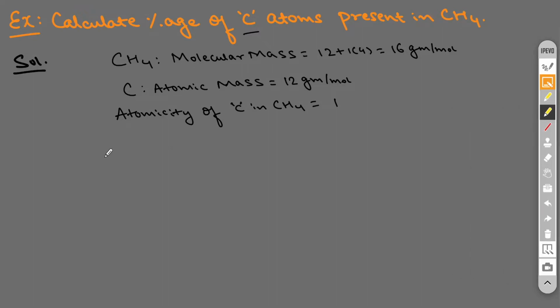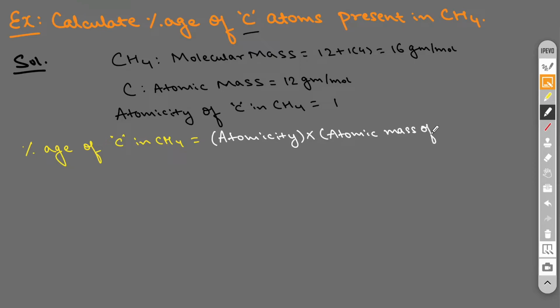Now simply we'll write the formula. Percentage of C in CH4 will be equal to atomicity multiplied by atomic mass of C divided by molecular mass of CH4, which is the compound here, multiplied by 100.